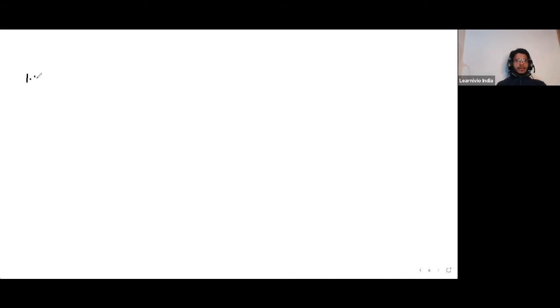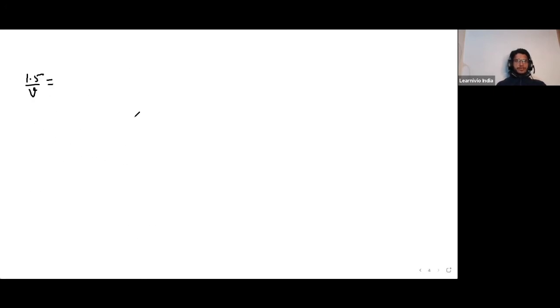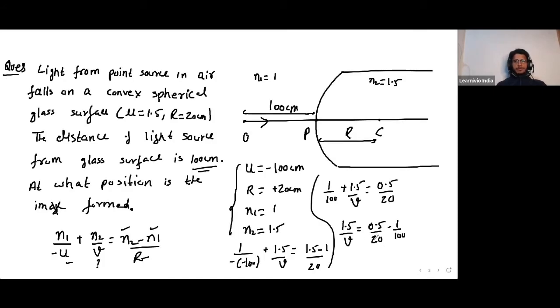So you can write that 1.5 by V is... the LCM is 20. It's 0.5 into 5, right? No, the LCM is not 20. LCM is 100.